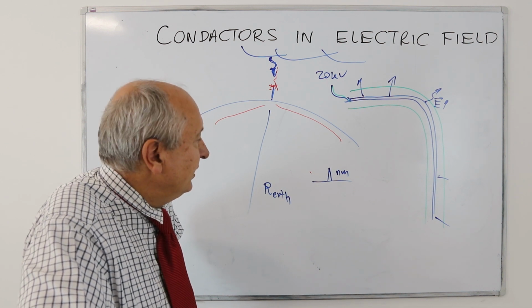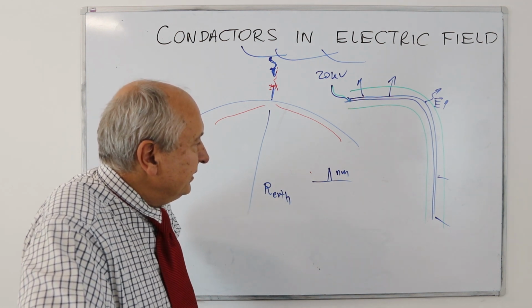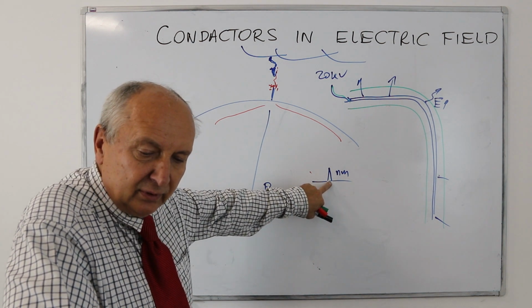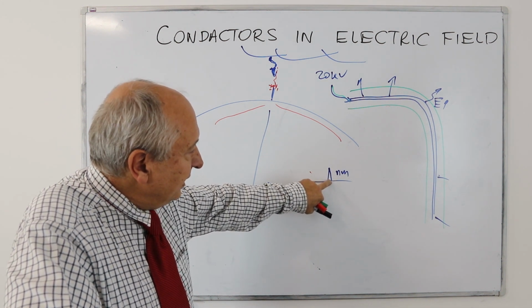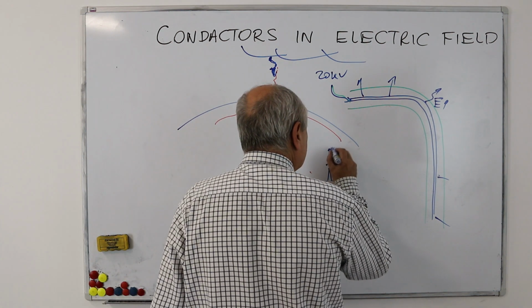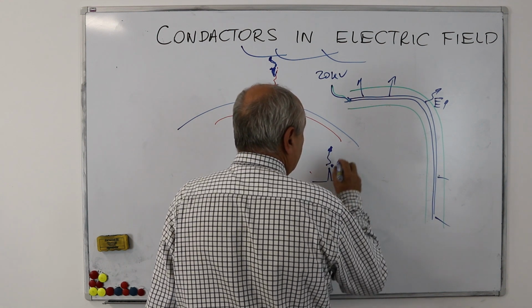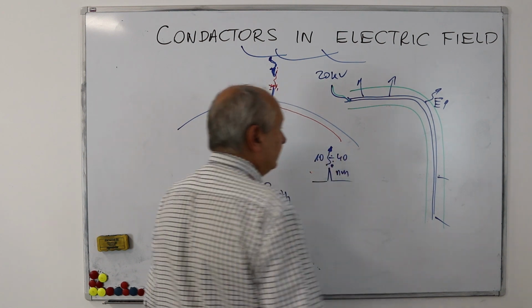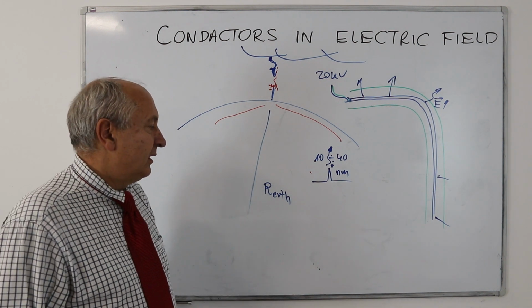It is called electron tunneling, and even for a very small value of electric potential, we can have emission of electrons from this narrow peak. Electrons go away. Even with 10 to 40 volts, we can have this emission.